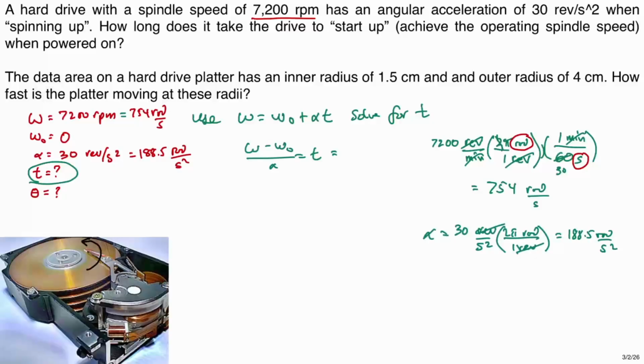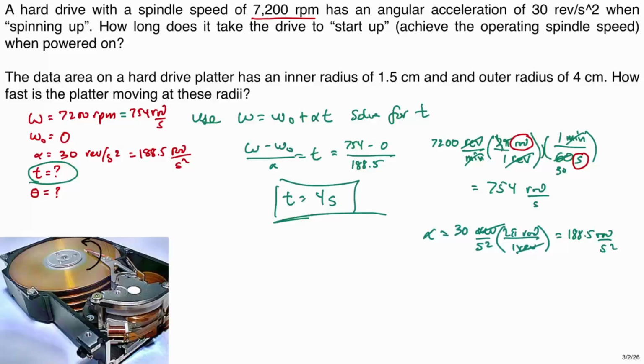All right. And now I can come up here and do my time. My time is going to be omega, which is 754 minus 0 for the initial, all divided by 188.5. That gets me a time, lo and behold, 4 seconds.